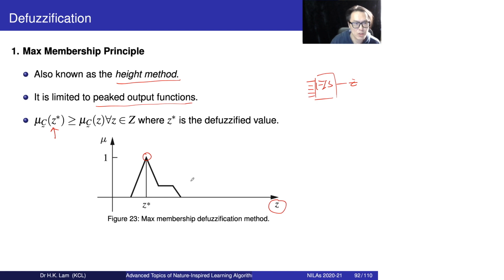First identify the peak, that is the y value that is the largest, and from this point we locate the z value on the x-axis, and this will be the output right here. So if we have this shape, the z star would be the output value.